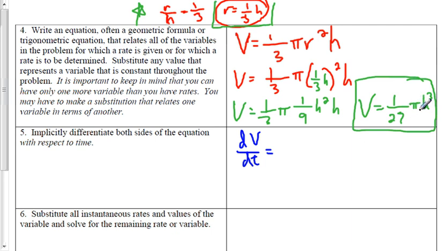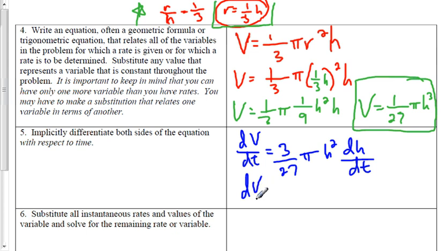And then 1/27 pi h cubed. So I'm going to multiply that by 3. So I'm going to have 3/27 pi h squared. And then I have to take the derivative of h with respect to t. 3/27 ends up being 1/9. So now let's simplify and substitute in what I know for the height and dh/dt.